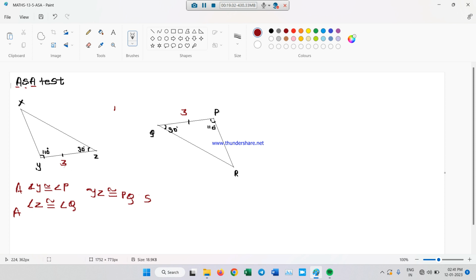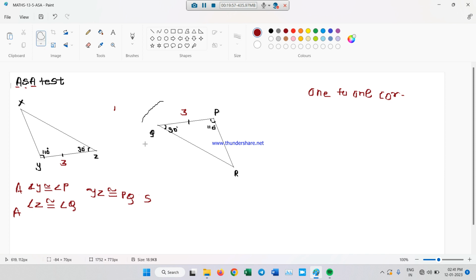Okay, one thing is left here, which thing? One-to-one correspondence. And for that, what I will do is select this triangle and then rotate. Now we get the same orientation.